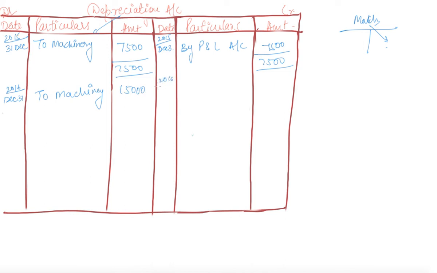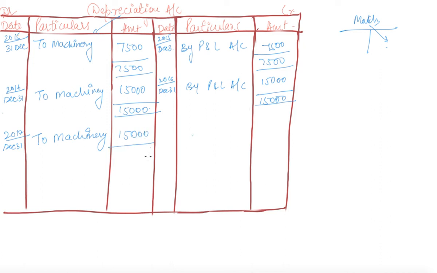So 2016 December 31st by P&L account rupees 15,000, total 15,000. Now again, the third year's depreciation, December 31st to machinery 15,000, right?